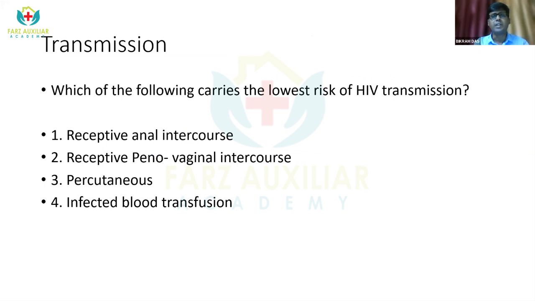Okay, most are answering 3 or C, but the lowest risk is probably receptive penovaginal intercourse, and with percutaneous exposure there is a considerable risk. So we always give PrEP in a significant needle puncture. And blood transfusion carries the highest risk.